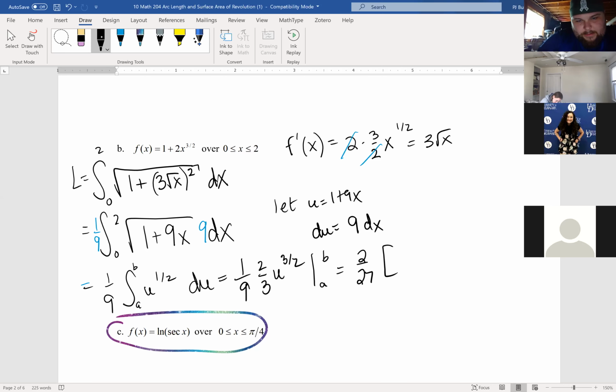And then u is equal to 1 plus 9x, to the 3/2, evaluated from 0 to 2.